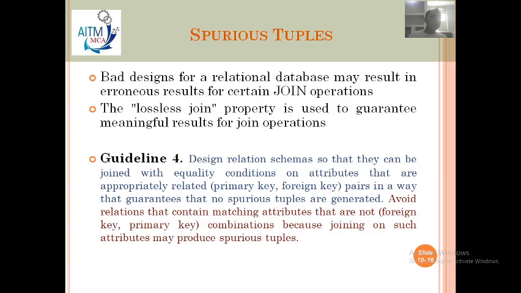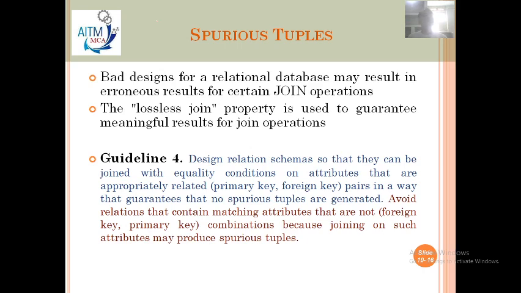Then what is the guideline? Fourth guideline: design relation schemas so that they can be joined with equality conditions. What is equal join and all those things, we'll discuss while discussing relational algebra. Got it? That are appropriately related.